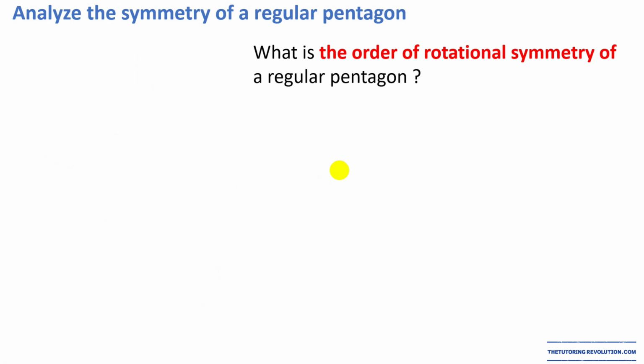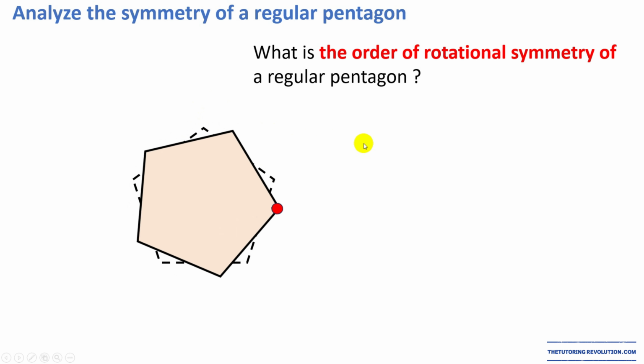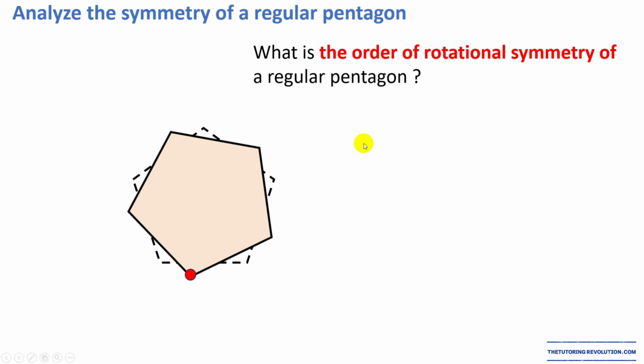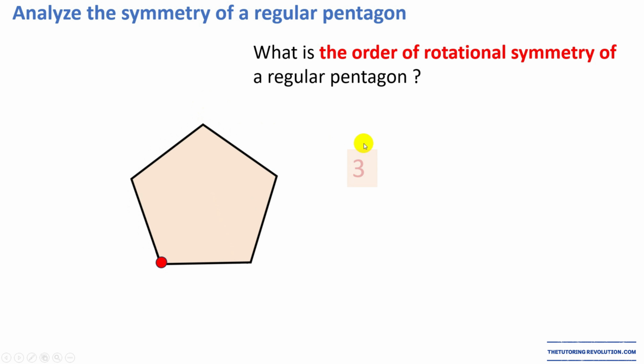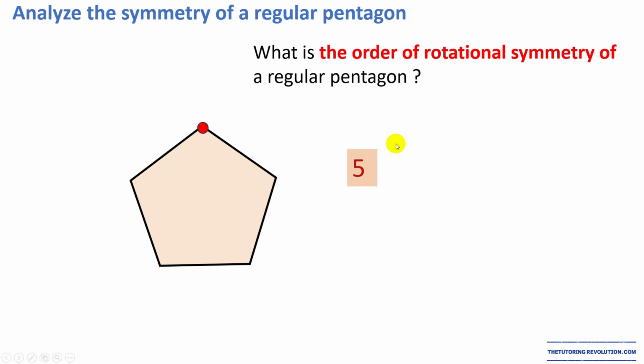What's the order of rotational symmetry of a regular pentagon? Again, we mark this regular pentagon with a circle as a reference point, and we rotate it 1, 2, 3, 4, and 5.